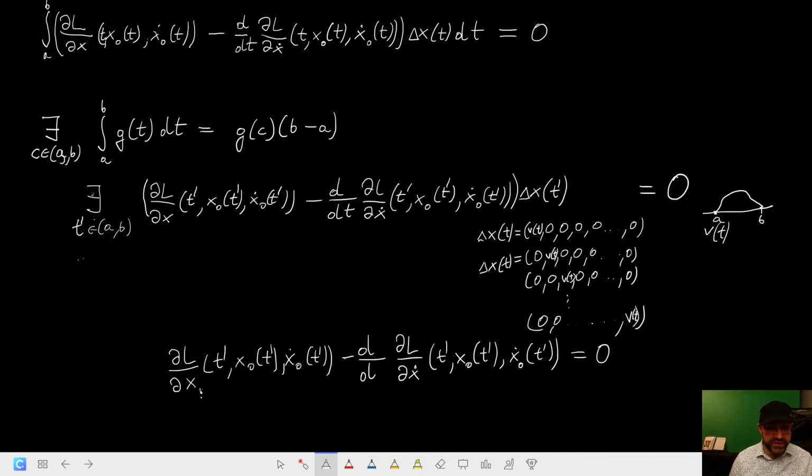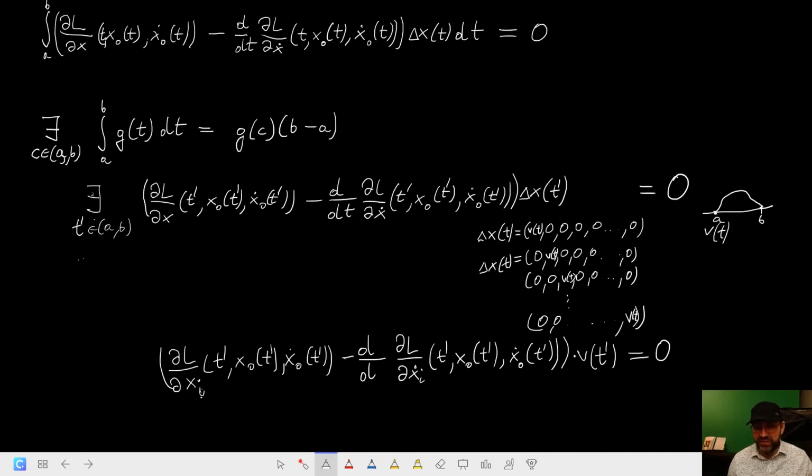And now, by doing this, each of these equations will give us this times vt. This in bracket, v at t prime equal to 0, right?